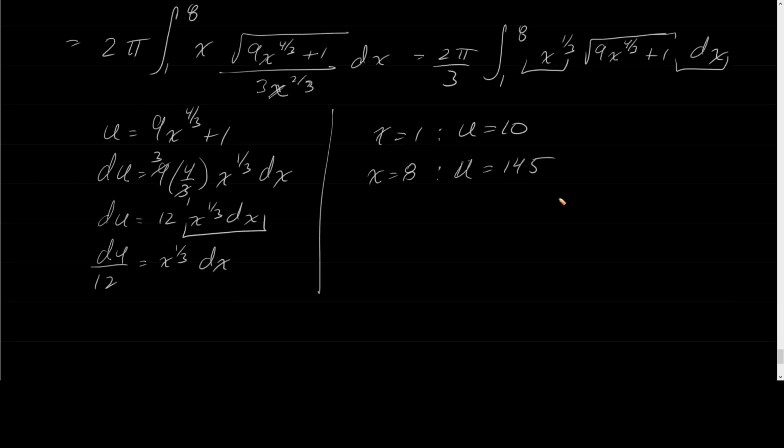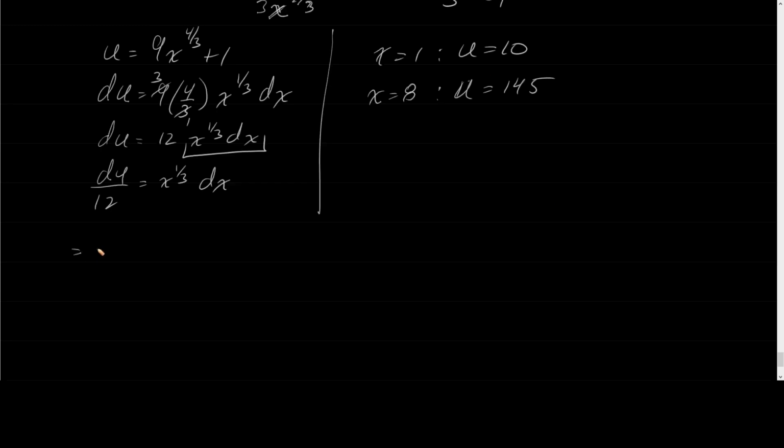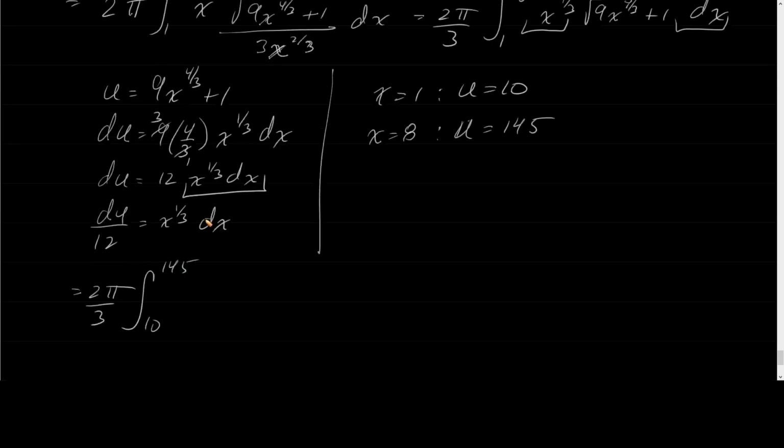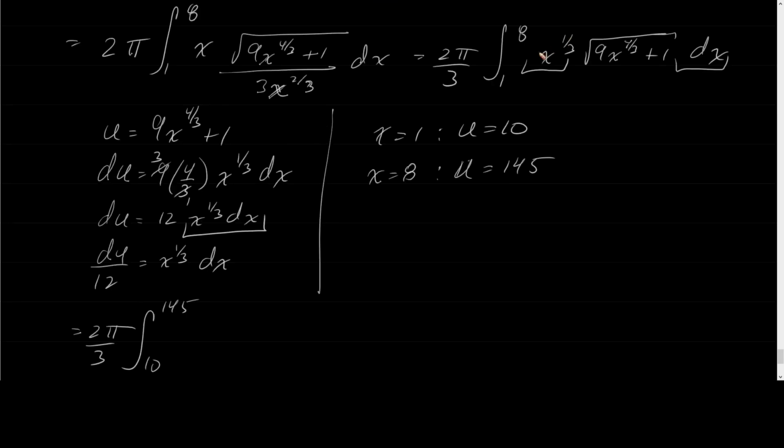So what does this integral become now? Well, we have this over 12 out here, right? We got 2 pi over 3 integral, originally from 1 to 8, now from 10 to 145. And this x to the 1/3 dx, that's our du over 12.